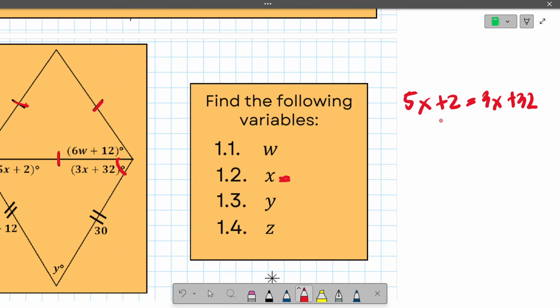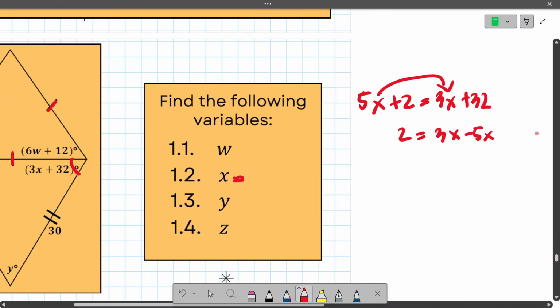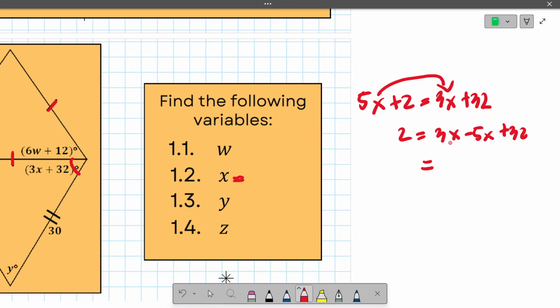And then, shortcut na lang natin, transpose na lang tayo this time. I-transpose natin si 5x here. Magiging 2 na lang dito. 3x minus 5x plus 32. Bring down lang si 32. And then what happened is 3x minus 5x. Ang sagot dyan ay negative 2x plus 32.